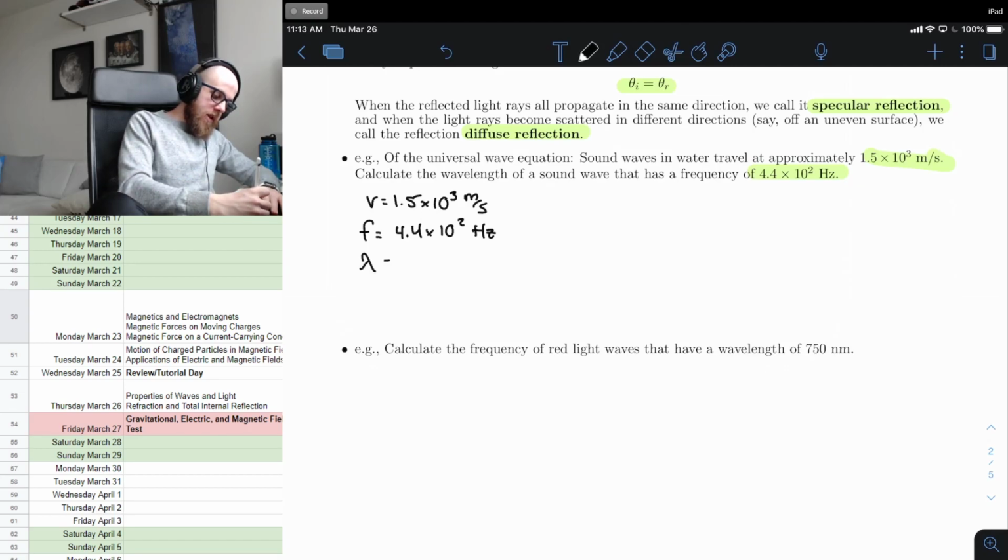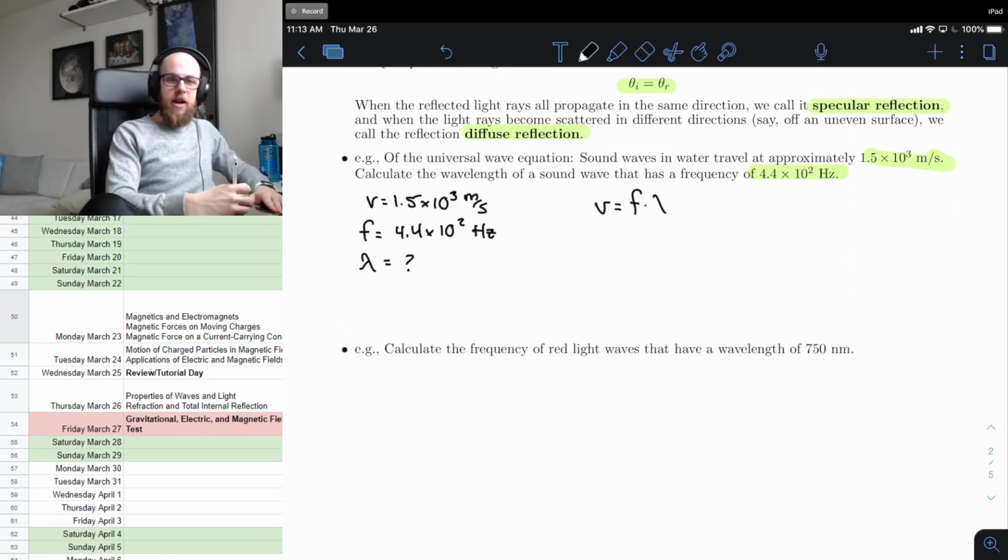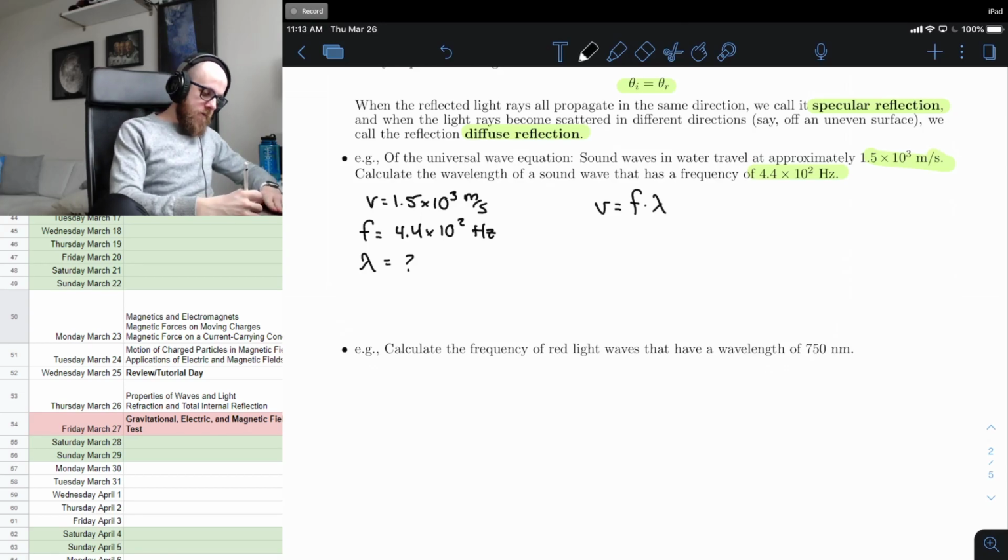Our universal wave equation states that the speed is equal to the frequency times the wavelength. I'm just going to rearrange this formula: wavelength equals the speed over the frequency, which is equal to 1.5 times 10 to the 3 over 4.4 times 10 to the 2.